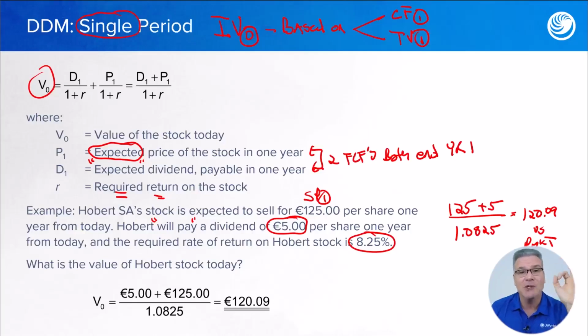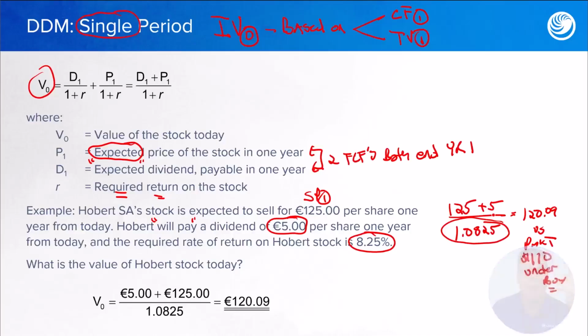Now, we know we're going to buy it because it's undervalued. The question becomes, what's our expected holding period return? Well, since we think we're going to buy an undervalued asset and generate a positive NPV, that 120.09 minus today's cost, 110, what is the positive NPV? 10.09. So what would our expected holding period return be?